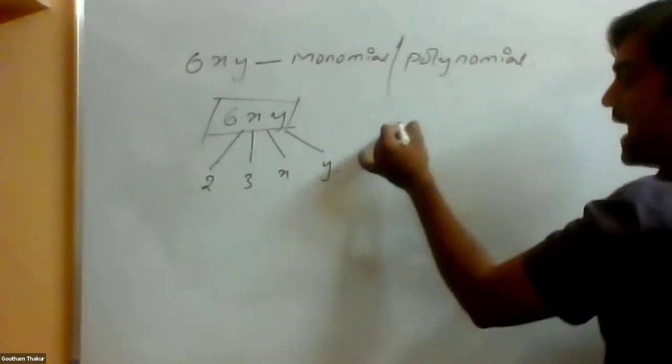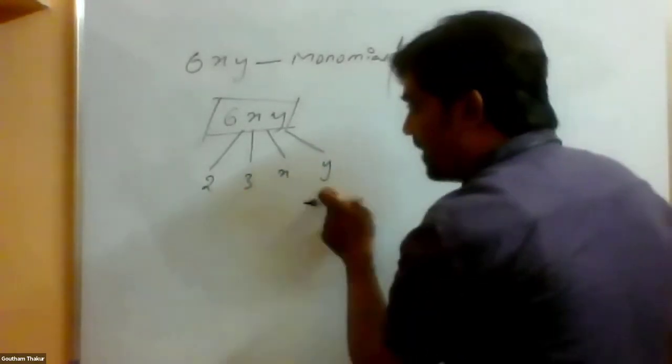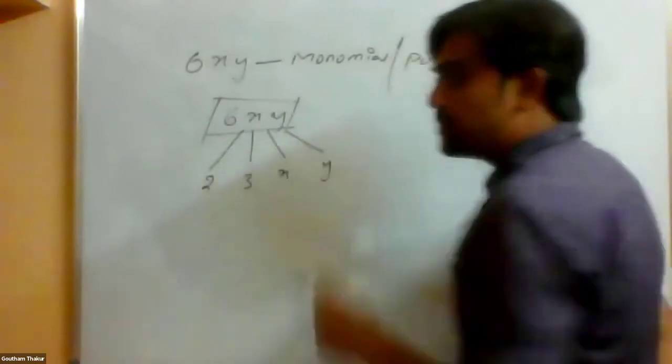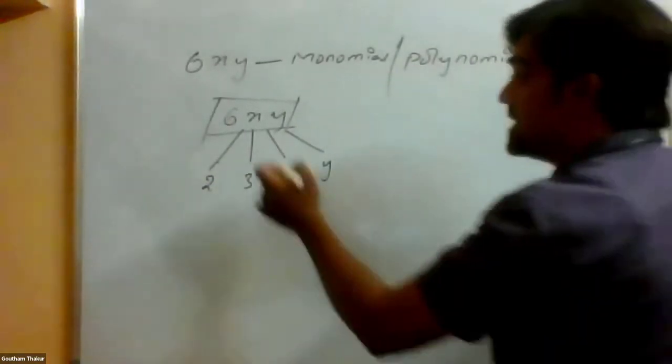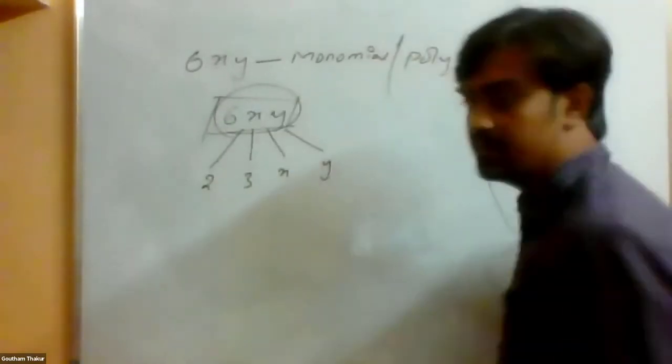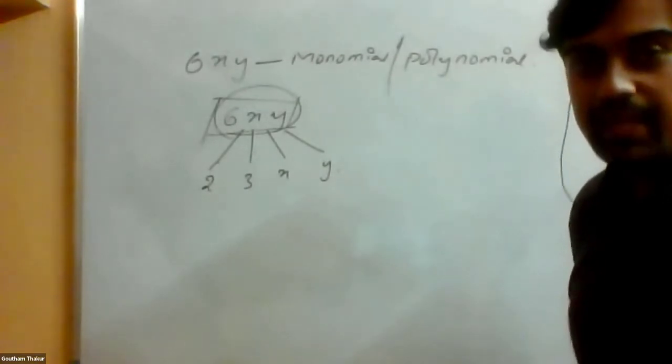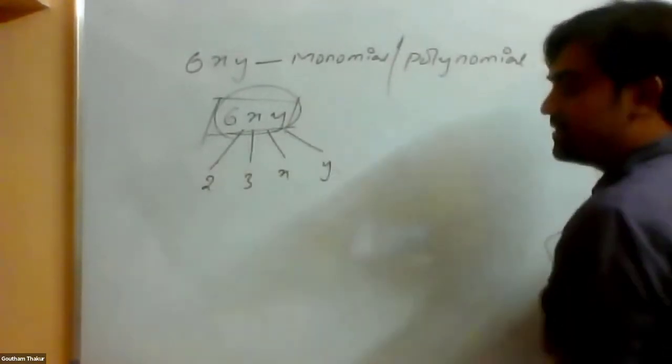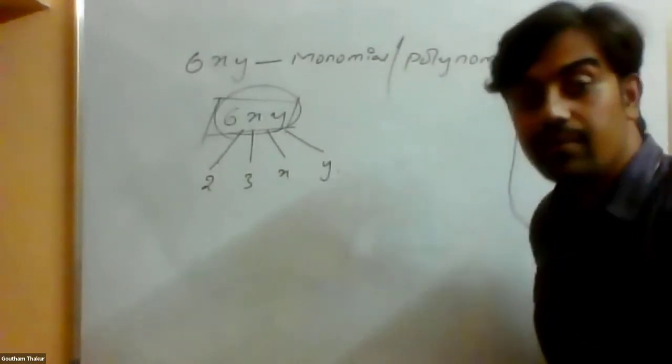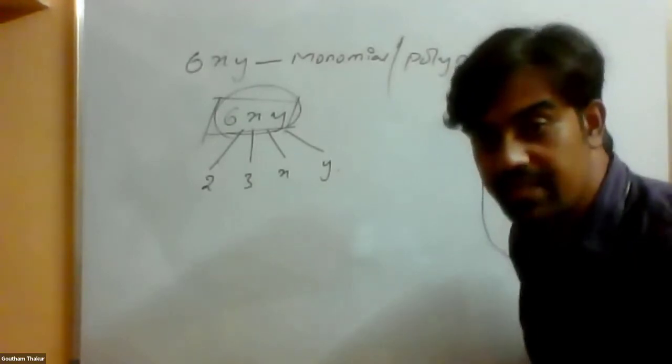For example, any value which satisfies this is a factor. When you divide, the remainder should be 0.